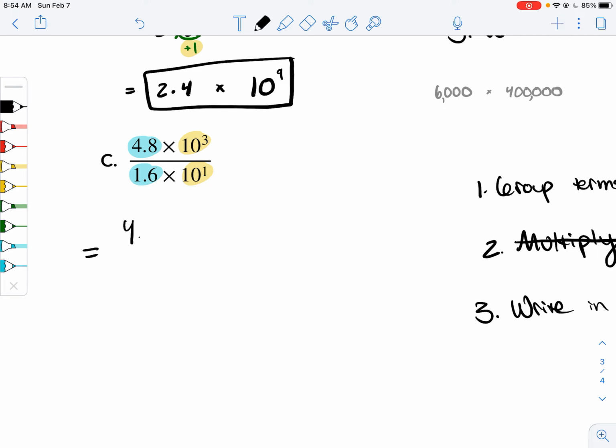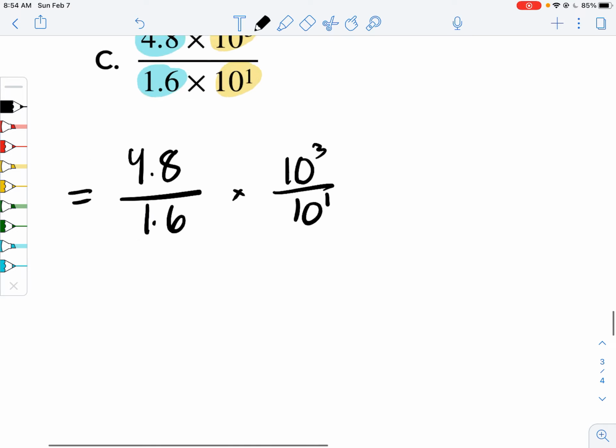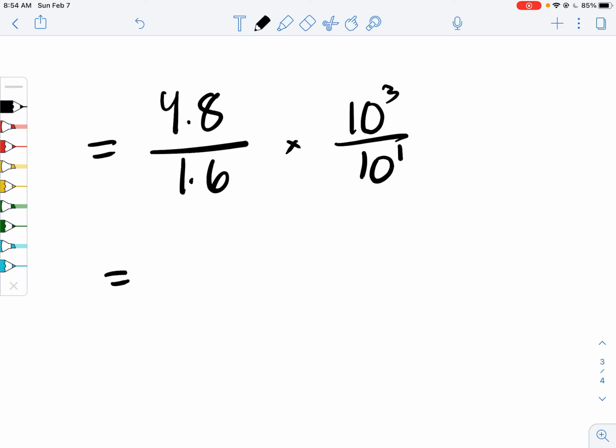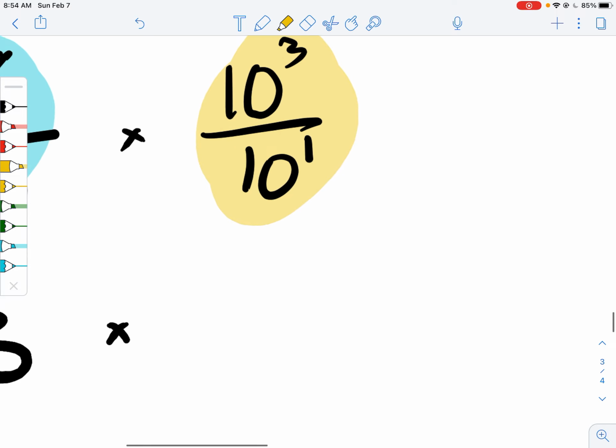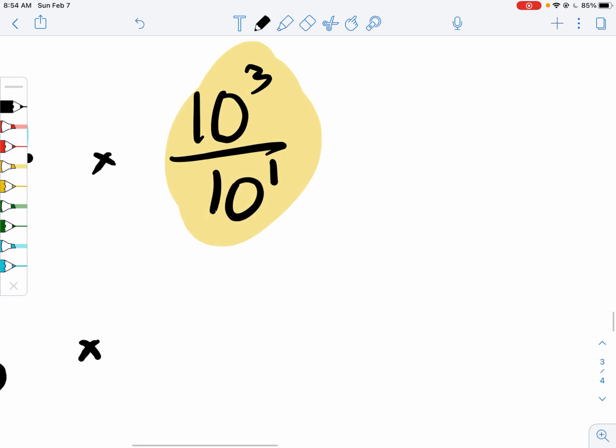So it's the same thing as 4.8 divided by 1.6 times 10 cubed over 10 to the first power. Now 4.8 divided by 1.6. That's just 3. That worked out really nice. So that's cool. Got our front numbers here. Powers of 10 here. Now remember, when we're dividing with powers, that's the same thing.